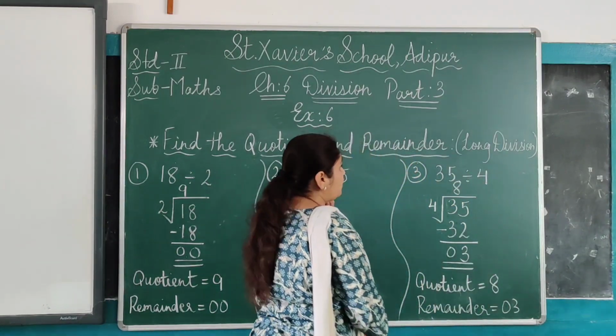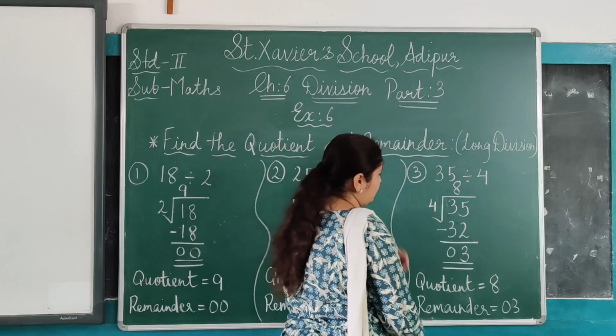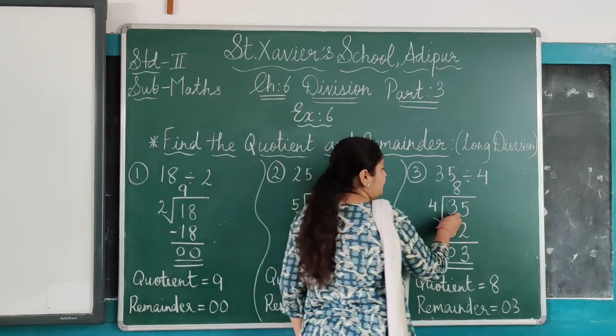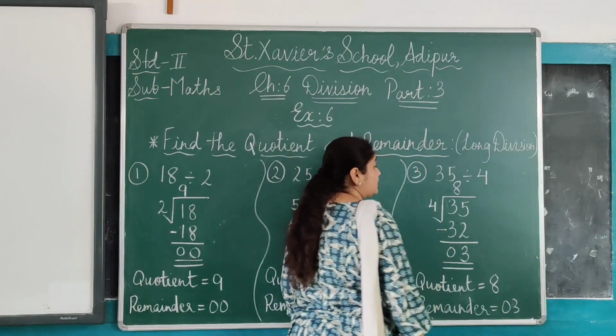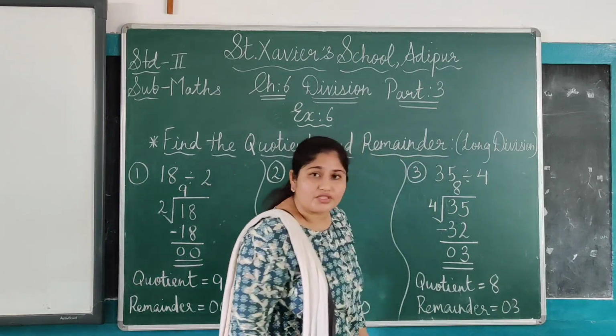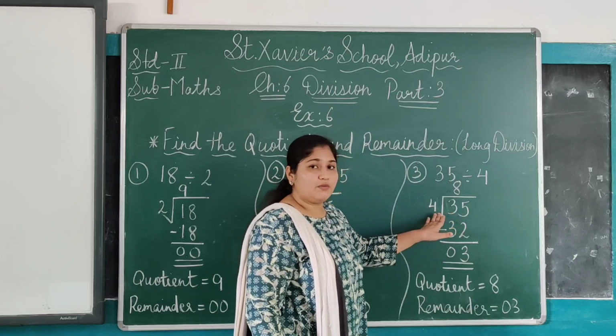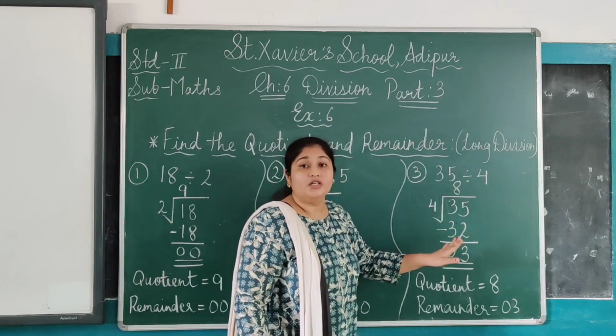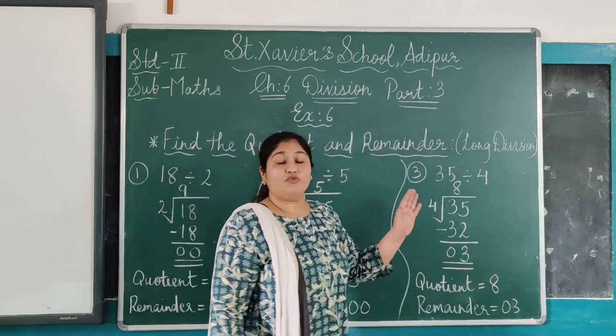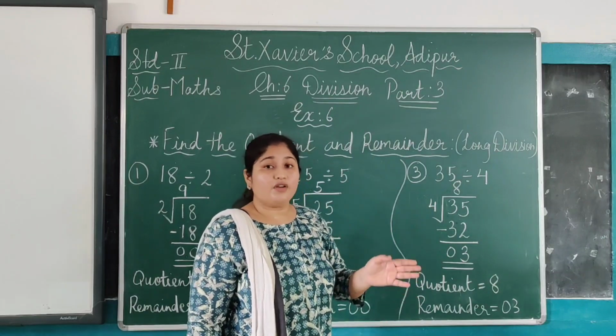Okay my dear students, now once again I am explaining you this one. Okay, see 35 divided by 4. 35 को डिवाइड करना है 4 से. Now my dear students, think 35 आता है 4 के टेबल में? No, नहीं आता. तो अब हमने 4 का टेबल याद किया, राइट?